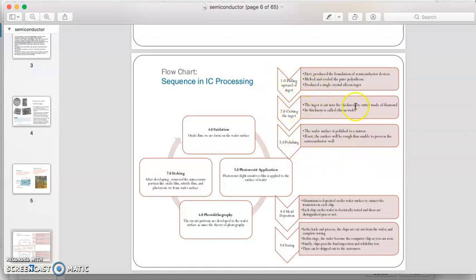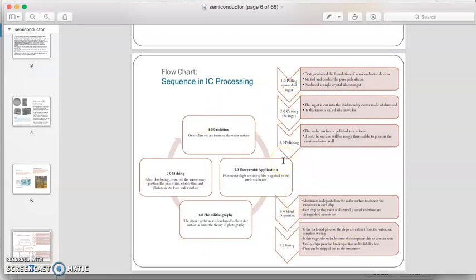The first phase is preparation of the silicon wafer, the second phase is the layer by layer process, and the third phase is testing, packaging, and joining each device using the metallization process. So this is the first stage, the second stage, and the third stage.